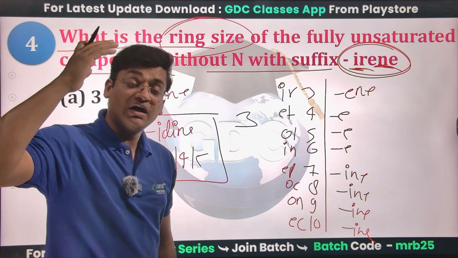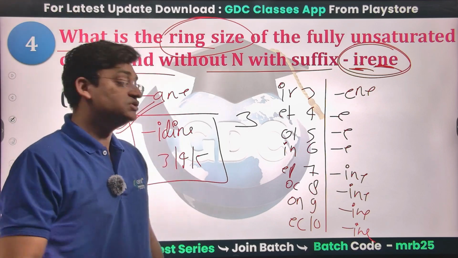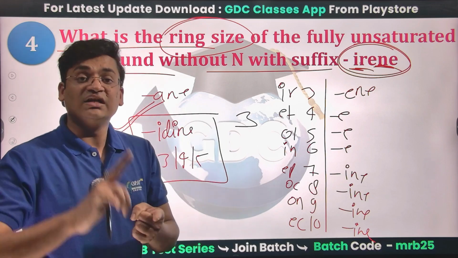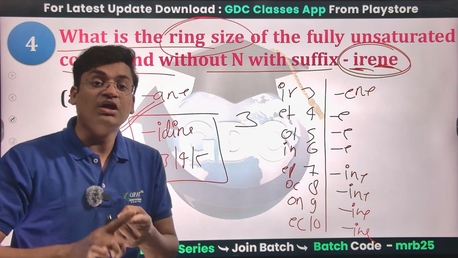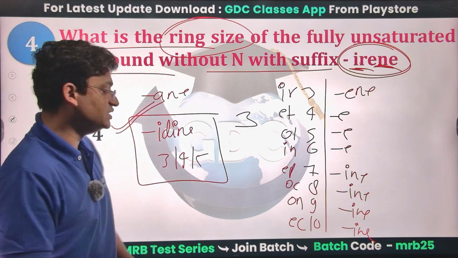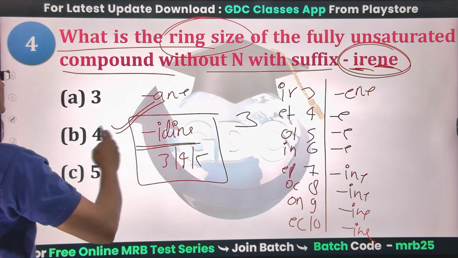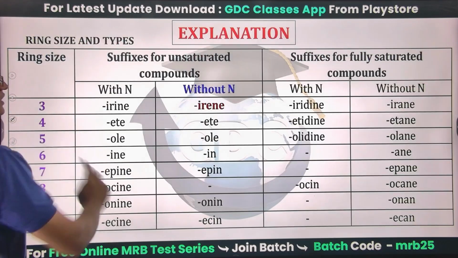Even if it has nitrogen and some other heteroatoms too, then also you will be using idine since it is nitrogen containing. So for a nitrogen containing heterocyclic ring that is saturated and 3, 4, 5 membered, you will be using idine as your suffix. Okay, so for 3-member ring it will be used.